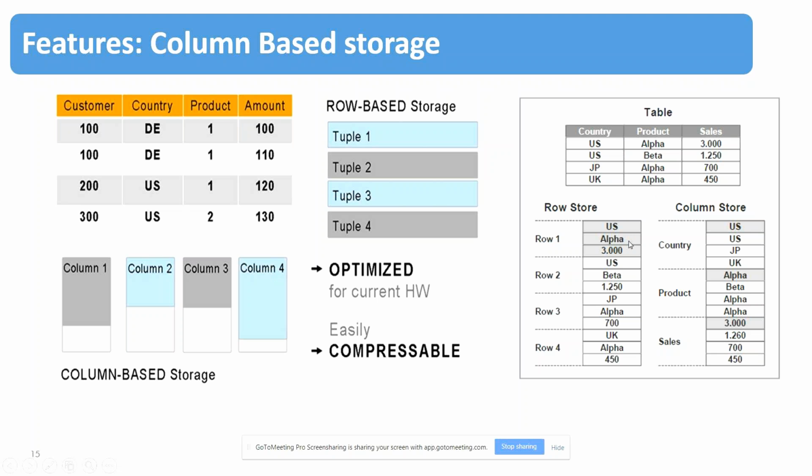Next, it moves to 1002, but we don't have consecutive memory locations. Why? Because US is one kind of data type and has its own memory allocation space. So it may be at 1001, and the next record will be placed at 2001. To get the same record, it has to traverse different memory locations.